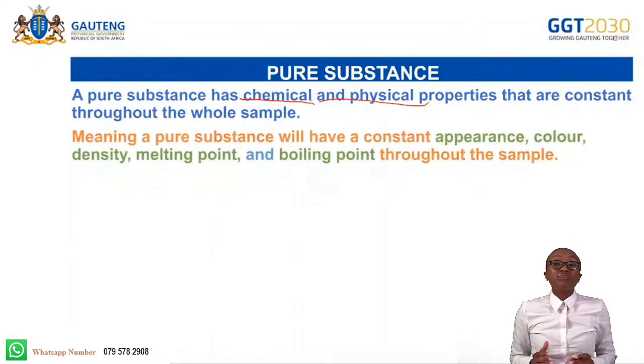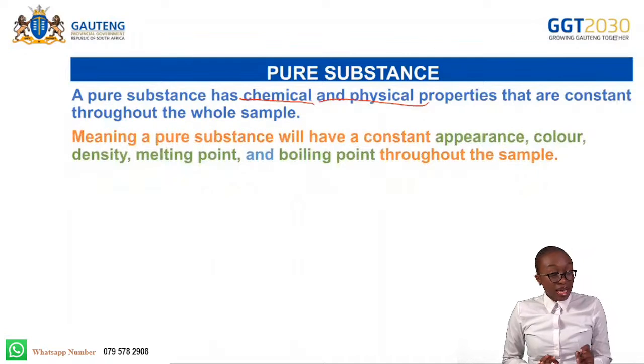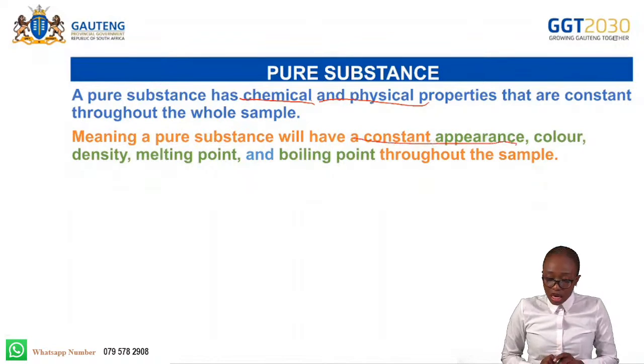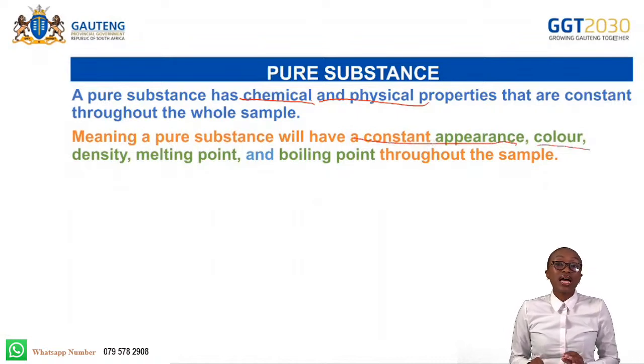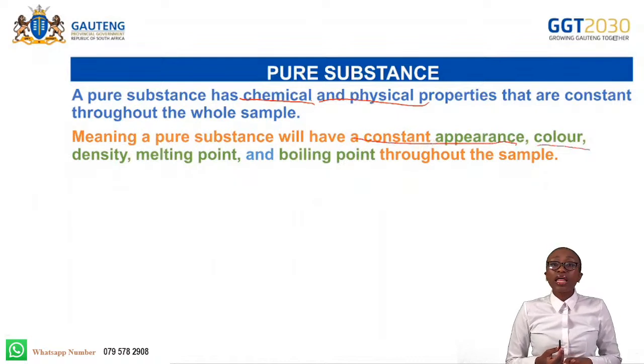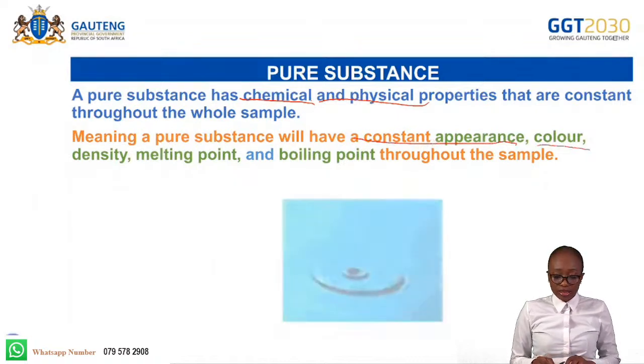So what does this mean? This means that a pure substance will have a constant appearance, a constant color, density, melting point, and boiling point throughout the whole sample. So the entire sample will have the same appearance, the same color, the same melting point, and the same boiling point.